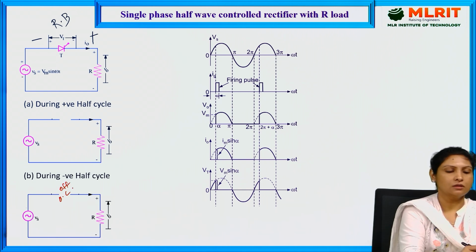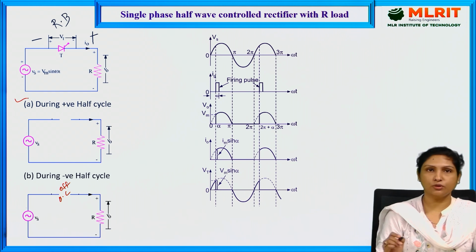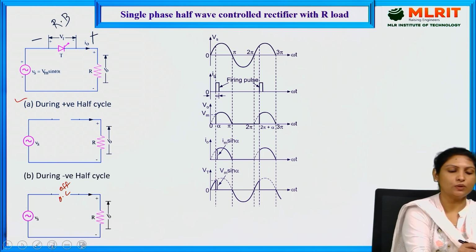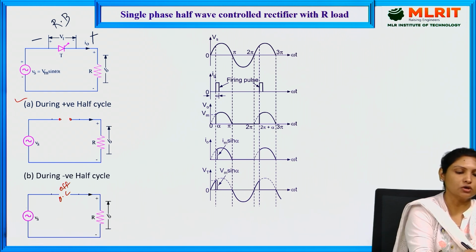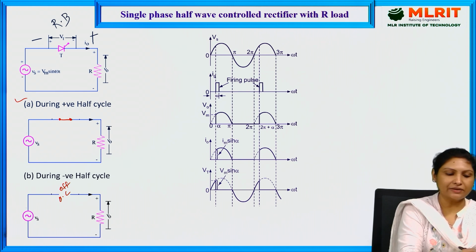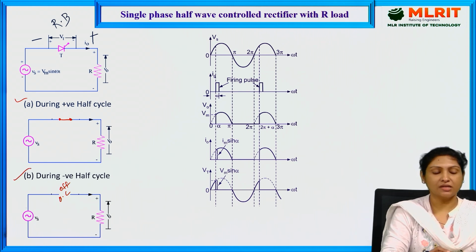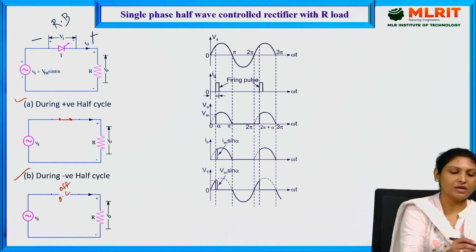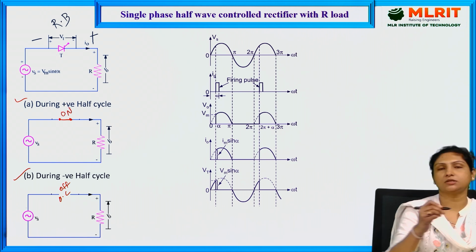This is the individual circuit diagram during the positive half cycle, during which the thyristor acts as a short circuit. And this is the circuit diagram during the negative half cycle, during which the thyristor is in the open circuit, or acts as an off switch, whereas here it acts as an on switch.